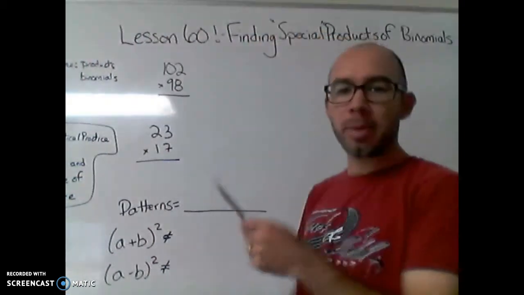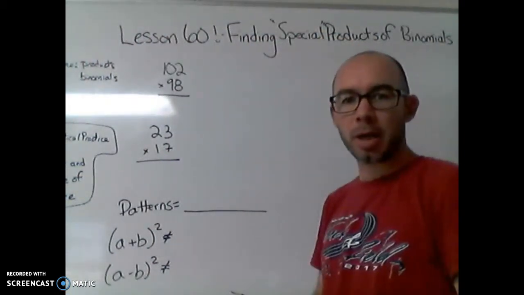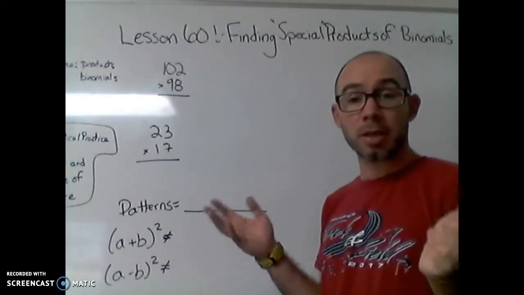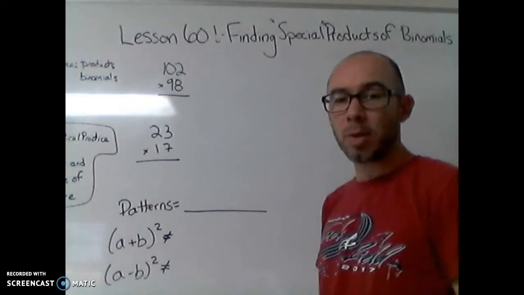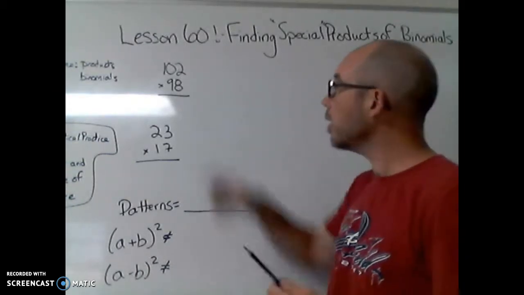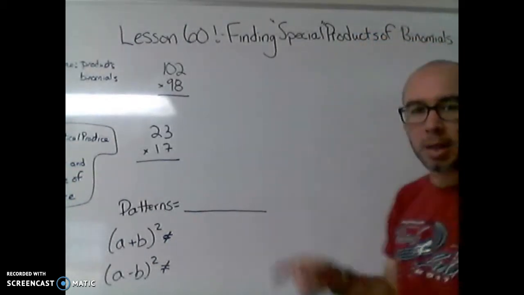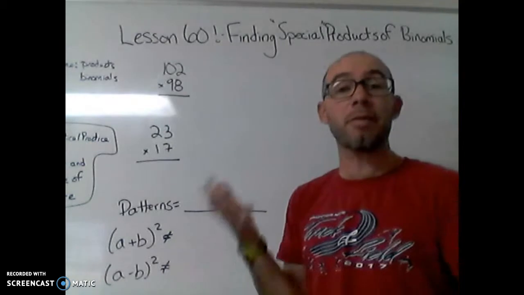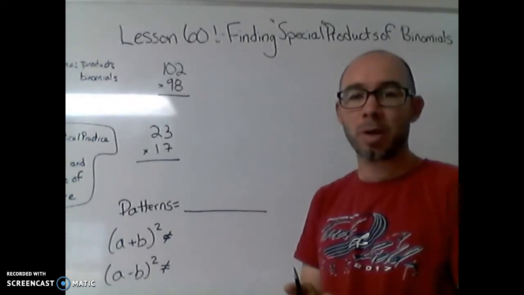So today we're going to talk about something that might sound tricky and algebraic, but I'll show you that these are actually patterns that will help you do things faster. I'm going to start with some mental math. In our lesson it says special products, and products means this is going to involve multiplication. A product is the answer to a multiplication problem.